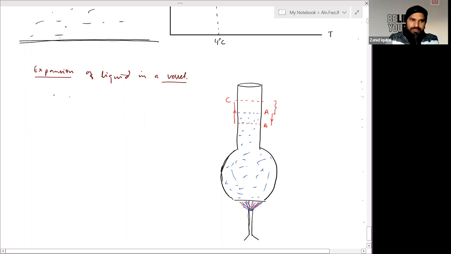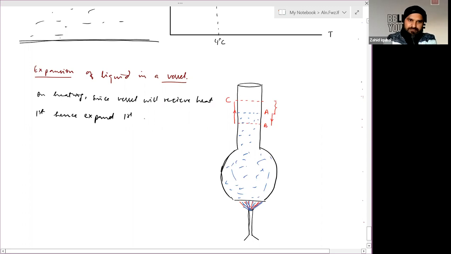So you'll say on heating, since vessel will receive heat first, hence expand first.